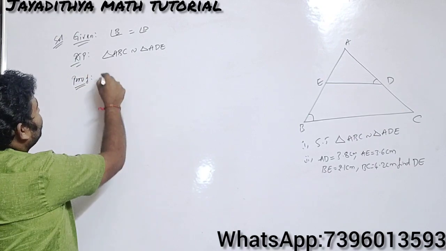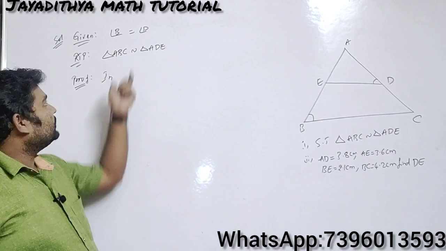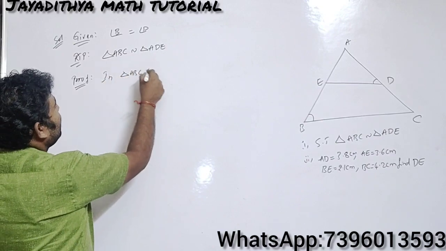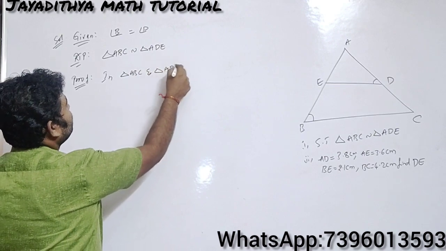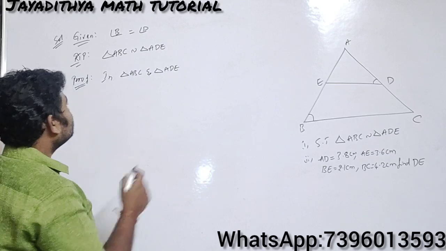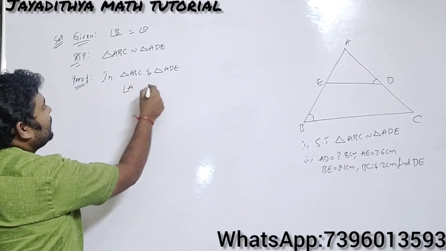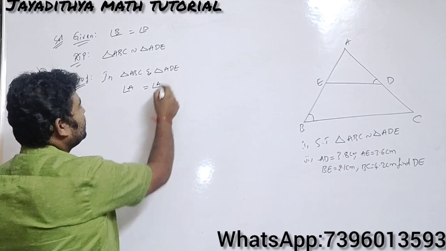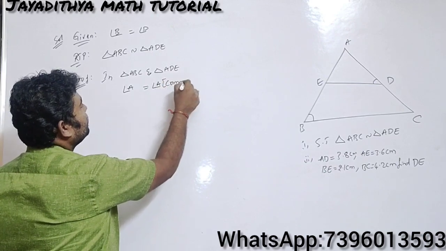How to start our problem? What are the triangles he is asking us about? ABC and ADE. So take those triangles, triangle ABC and triangle ADE. See here, in both the triangles we have angle A, so in both the triangles angle A is equal to angle A. Why? Because this is the common angle.